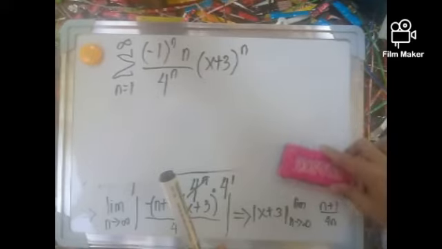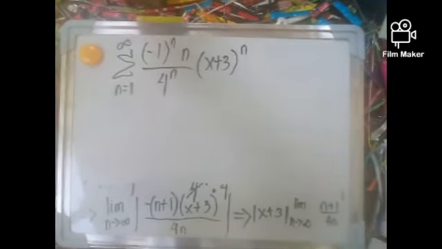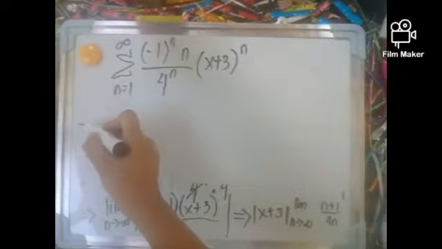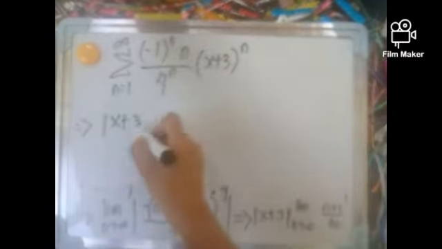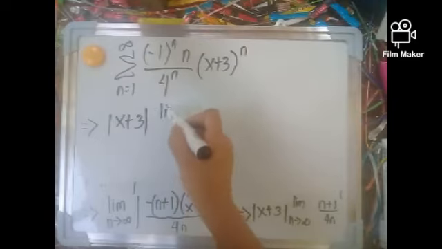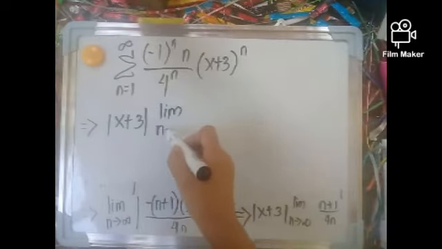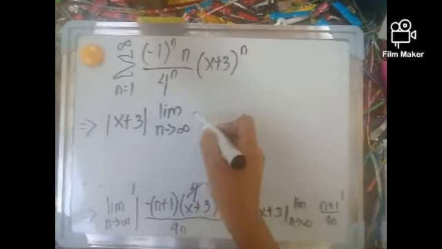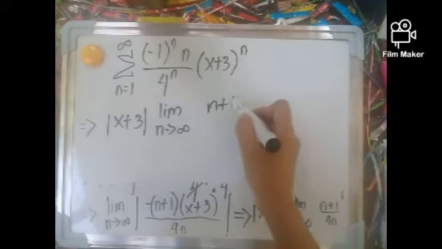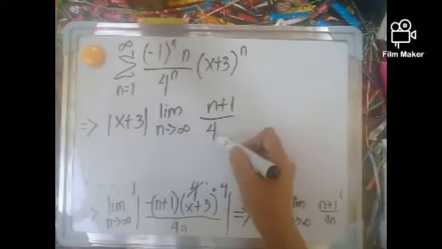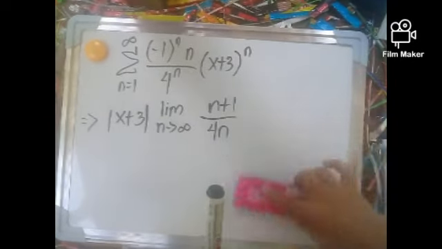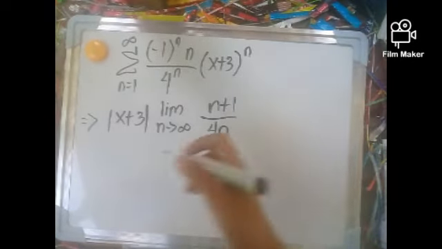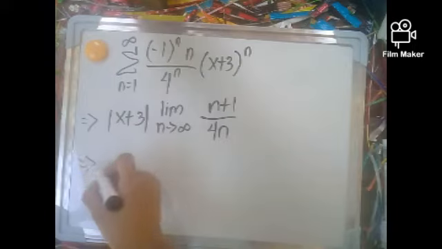So let's continue here. We have x plus 3 times the limit as n approaches infinity of n plus 1 over 4 times n. So, meron na tayo dito ngayon.